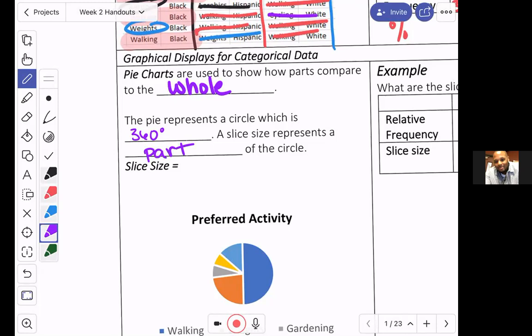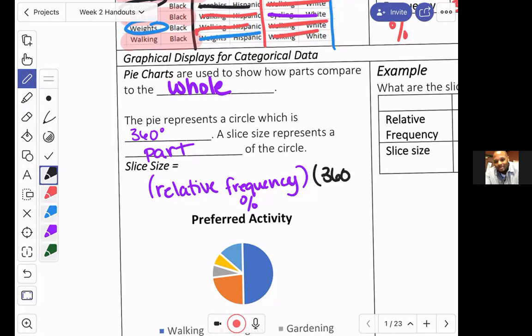And your slice size is just the relative frequency, also known as a percent, times 360 degrees. So if I want to find the slice size, I take the relative frequency and multiply it by 360 degrees.